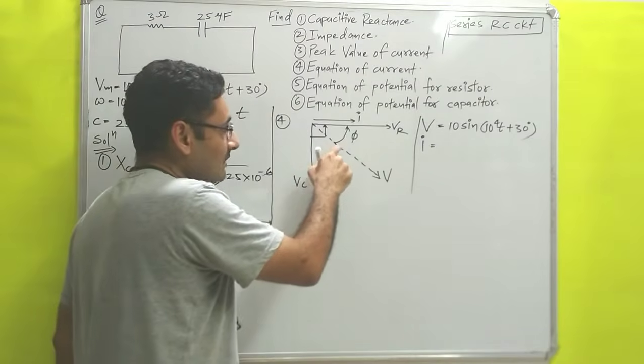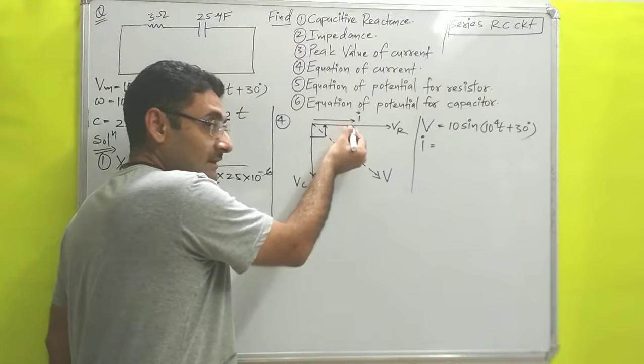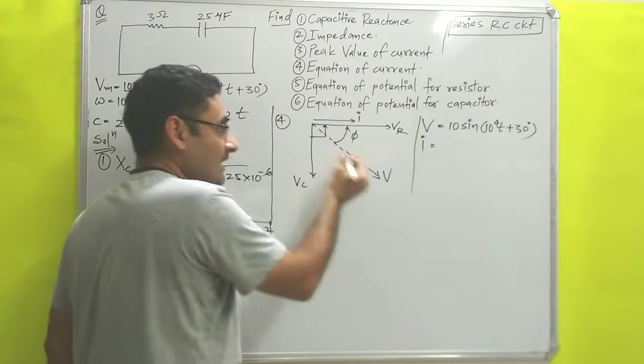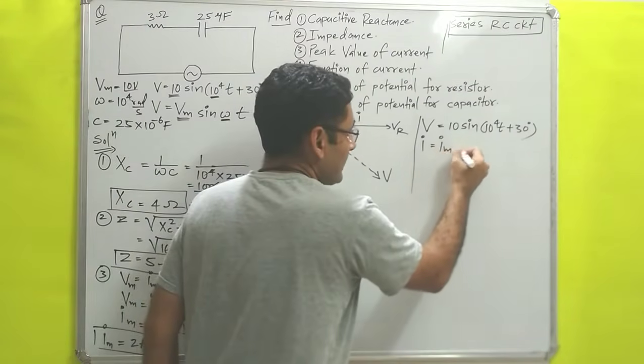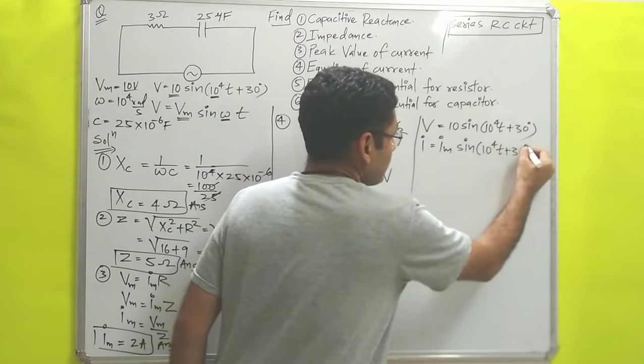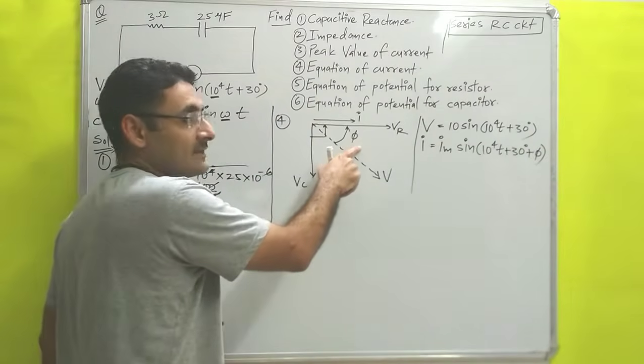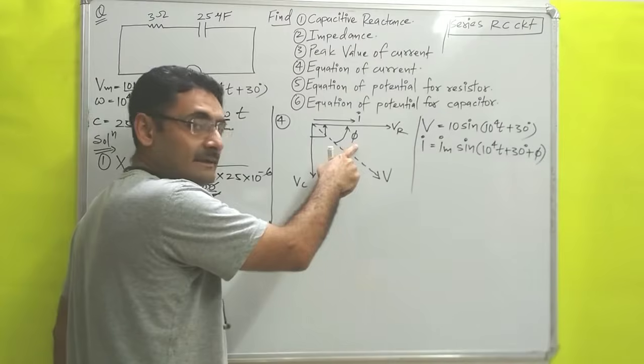Phase of current is phi. That means current leads the potential by phi. So I will write I is equals to Im sine of 10 raised to 4t plus 30 degree plus phi. Why am I writing plus phi? Because current leads the potential by phi. That is why plus.